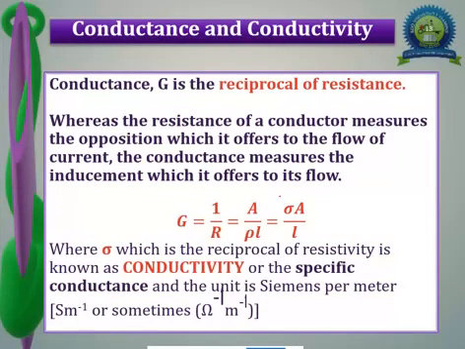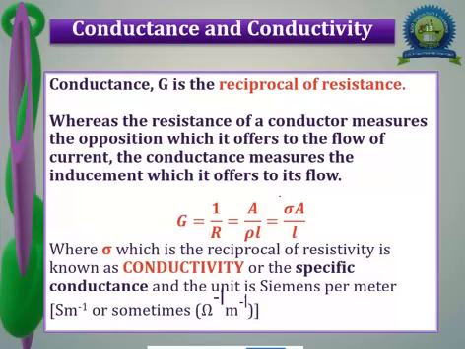Let's go to conductance and conductivity. We had talked about resistance. We had talked about resistivity. Now, the opposite of resistance is conductance, while the opposite of resistivity is conductivity.